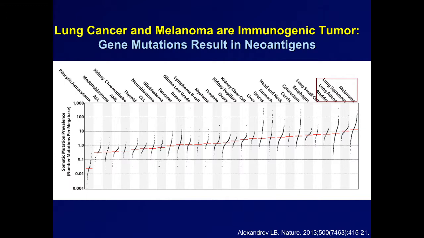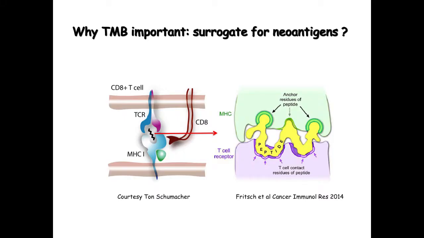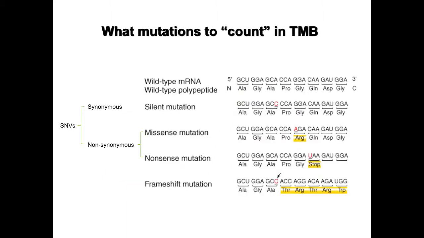The other thing that's emerging is the tumour mutation burden. And the reason why that's important is because the more mutations you have, particularly if they're called non-synonymous or frame-shift mutations, the more likely you are to make new proteins that can be presented as neoantigens to the immune system. And again, we'll talk about that more later.